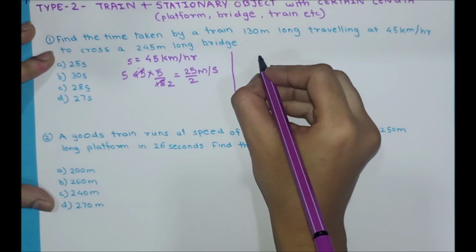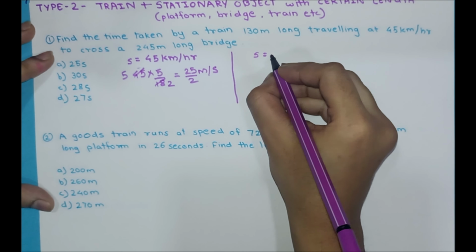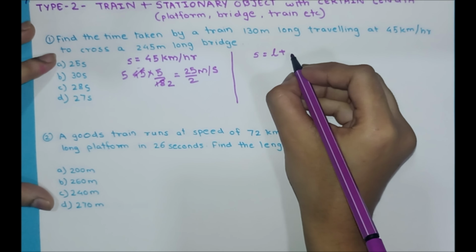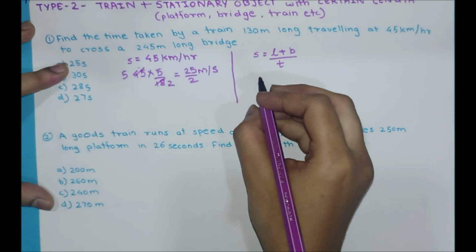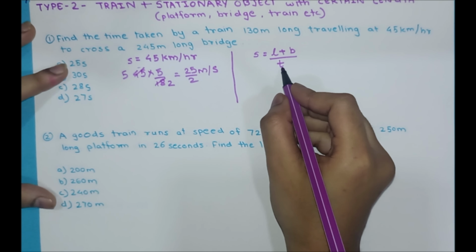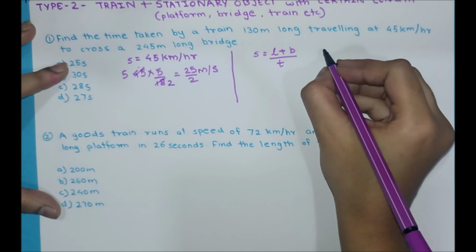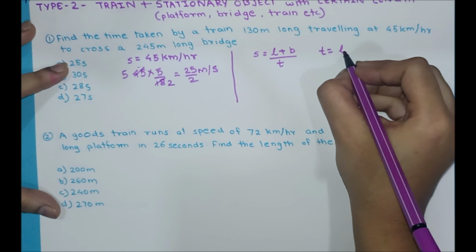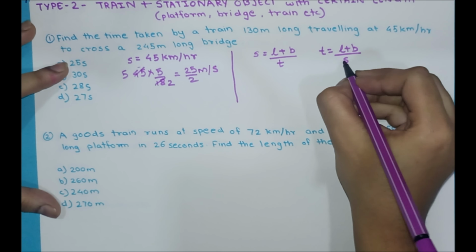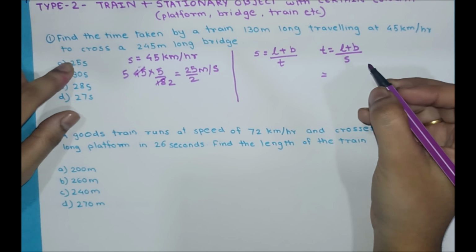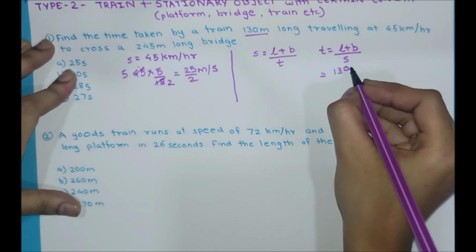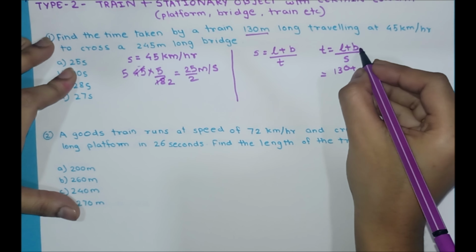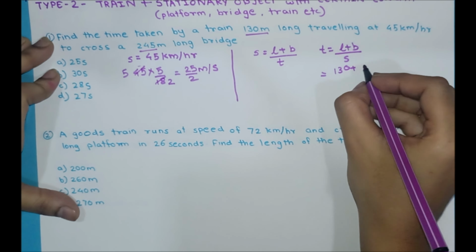Now we write the formula as speed is equal to length of the train plus length of the bridge divided by time. We have to find out the time, so we write the formula as time is equal to L plus B by S. The length of your train is given as 130 meter. Next we have to add the length of the bridge, which is 245 meter.